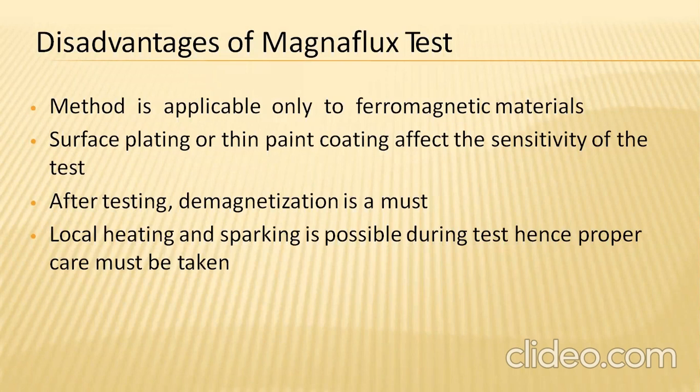And if any polymer coatings exist over the materials, it will normally be a bit difficult for identification. Light defects in a particular range cannot have conformity for their identification. Local heating and sparking is possible during the test, and hence proper care should be taken when commencing this process.